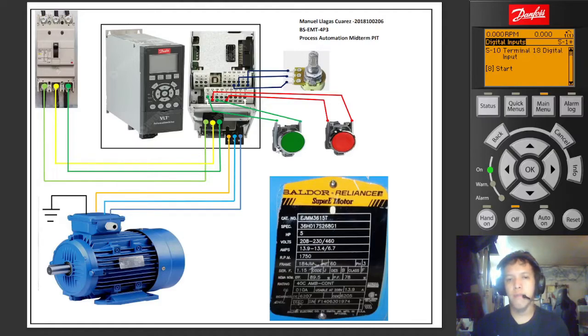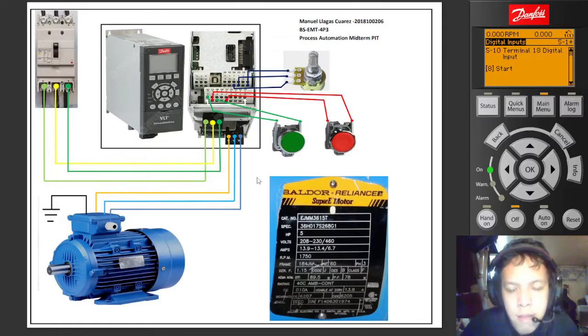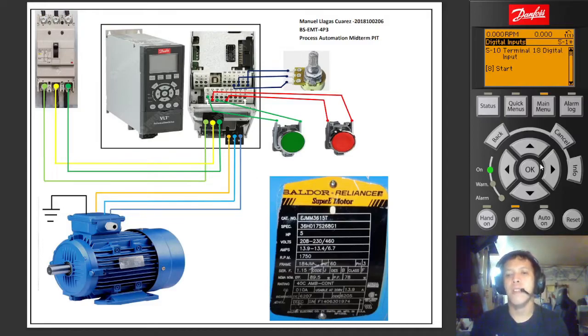We need to set the green one, which is terminal 18, as latch start, and press OK. Then terminal 27, which represents the stop push button, we're going to set to stop inverse. Press OK, and it's done.